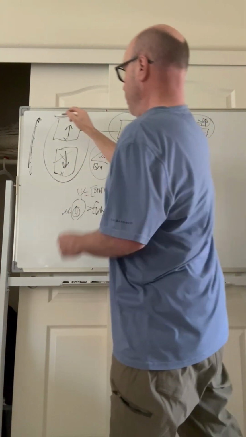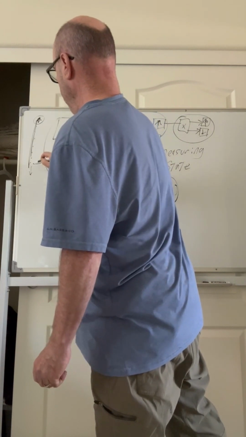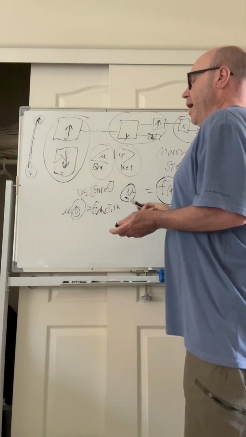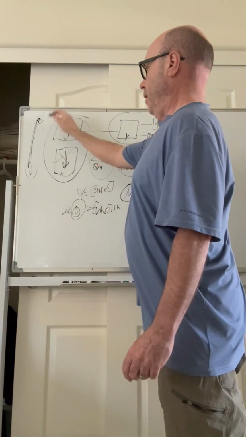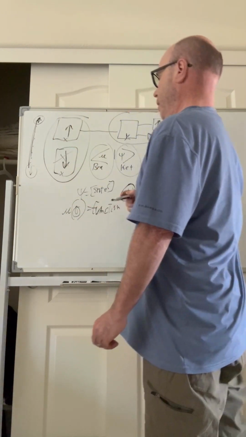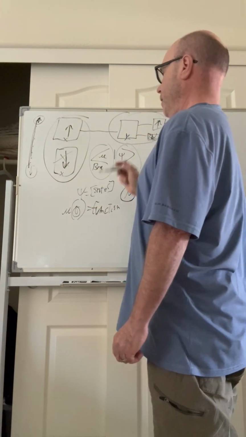But what they found was that when they measured it, they either got spin up or spin down, and that was it. That was kind of odd. It's quantum. It's either up or down. There's no in between.